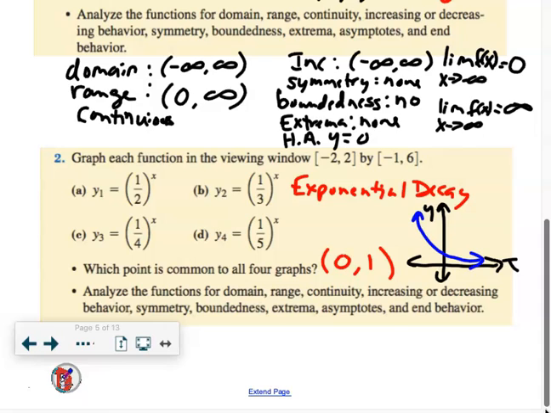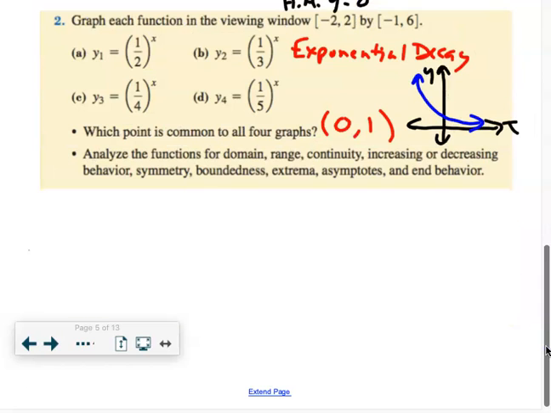And we realize it's going to share a lot with the analysis that we had for exponential growth, but obviously certain things are going to be different. So, domain. Well, we can still use any x.